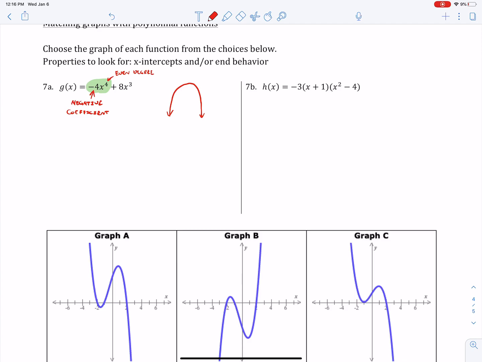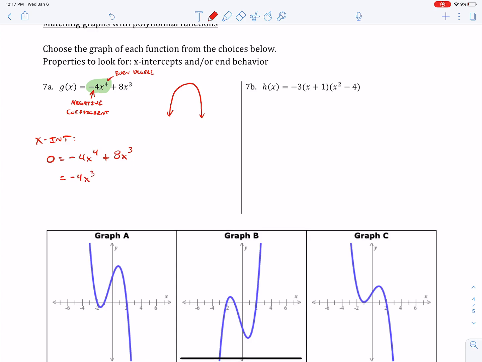Let's find out by utilizing where it crosses the x-axis. To do that, I need to set y equal to 0. I have negative 4x to the fourth plus 8x to the third power. Let me pull out my GCF, my greatest common factor. My greatest common factor is negative 4x to the third power.